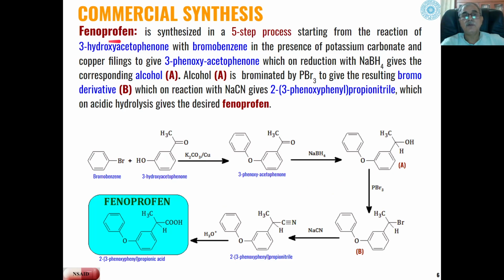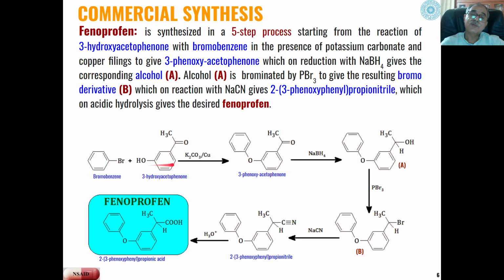Then next is fenoprofen. Fenoprofen is synthesized through a 5-step process where we start with the reaction of bromobenzene with 3-hydroxyacetophenone.